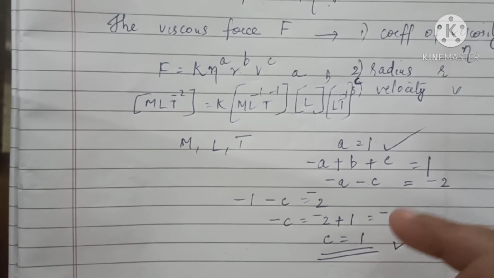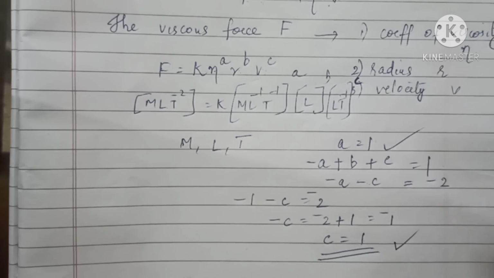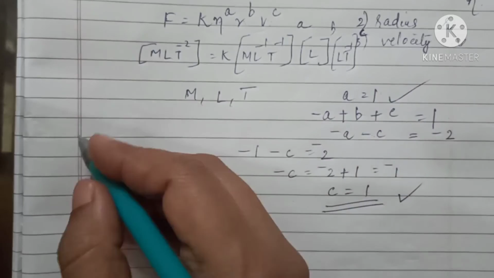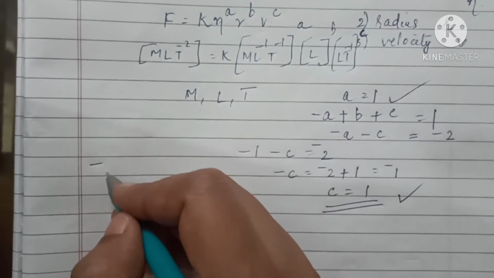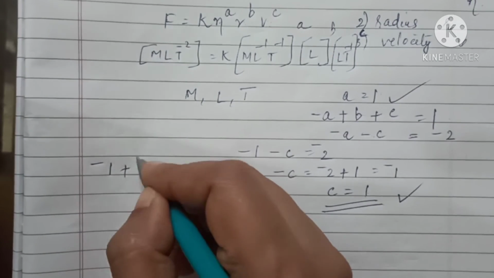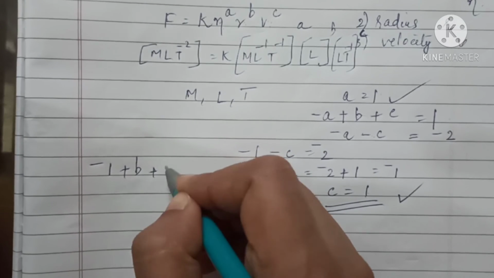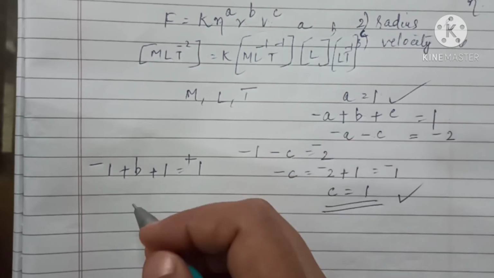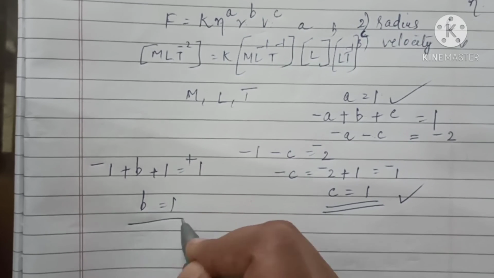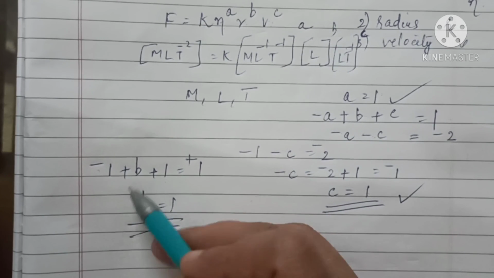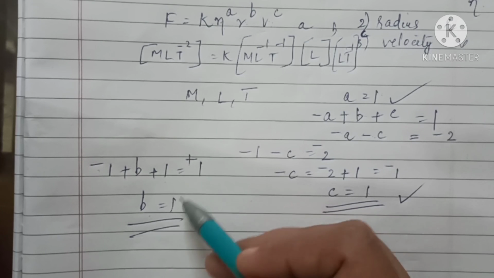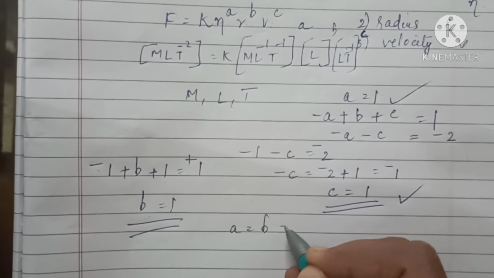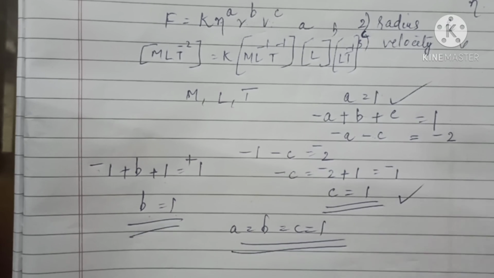Now you can put the value in the second equation so that you will get the value for b, that is minus a is minus 1, plus b, then c is also 1, is equal to 1. Here 1 and minus 1 will become 0, 0 plus b, so b is equal to 1. So a equal to b equal to c is equal to 1. Clear?